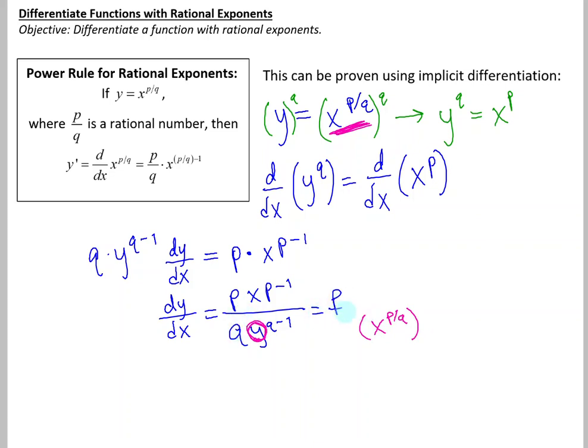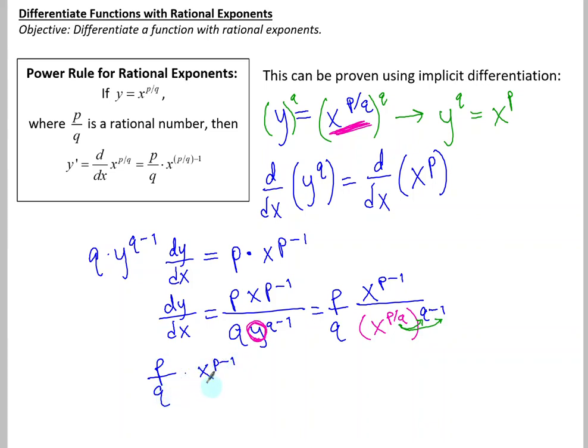P over q times x to the p minus 1 in the numerator and the y to the q minus 1 in the denominator.